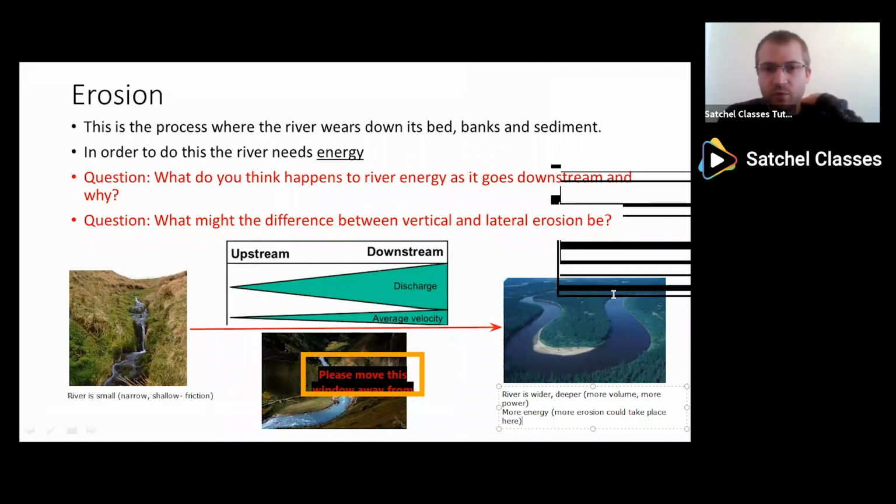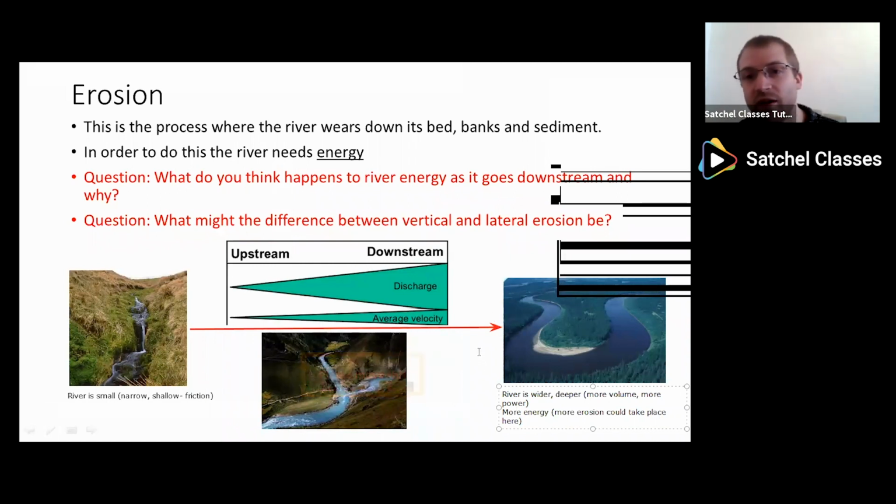Okay, so we've got these assumptions so far, which is all absolutely fine. Now we have had a little look at how a river's energy changes downstream, and this often links to the Bradshaw model, which we can see right in the middle.